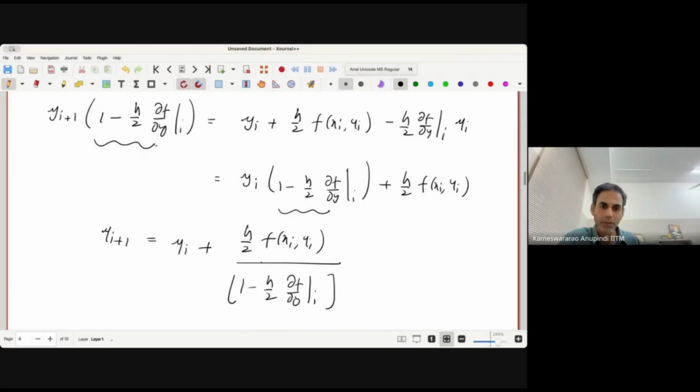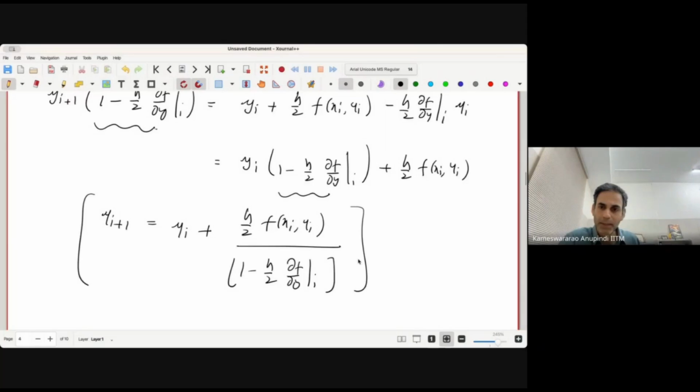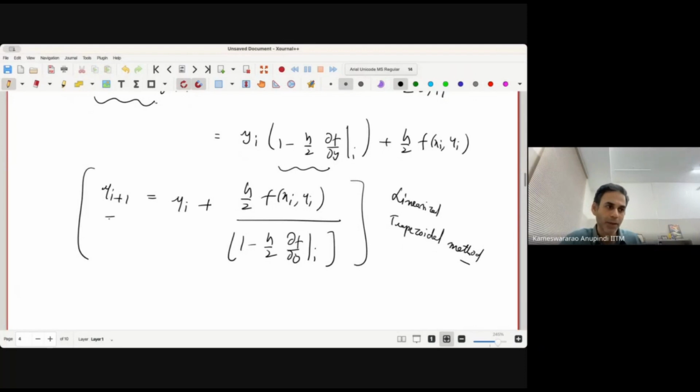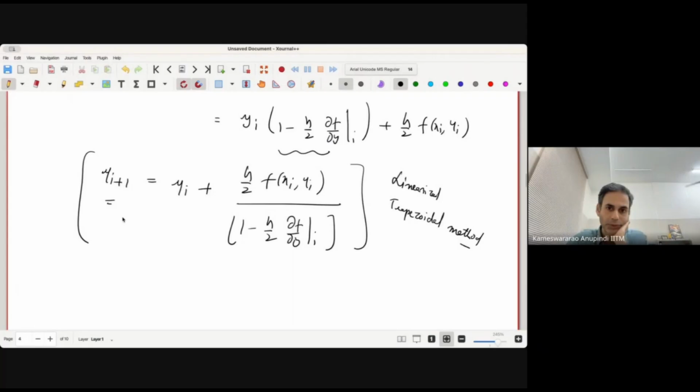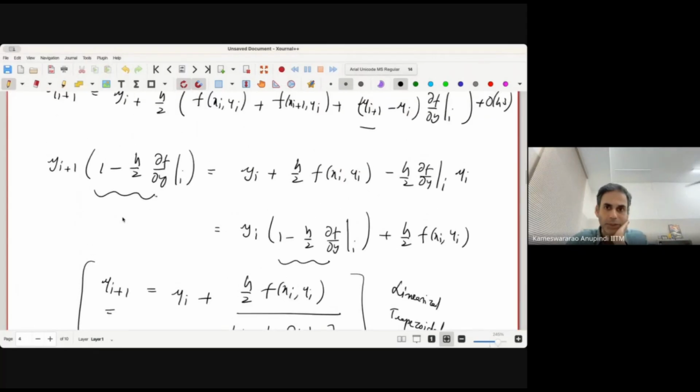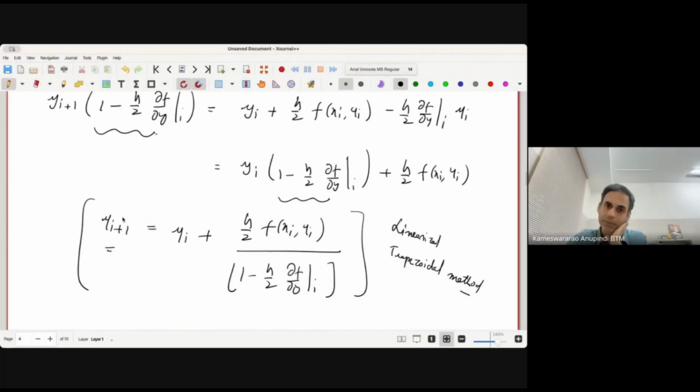So that is the linearized trapezoidal method, which doesn't require iterations to calculate y_{i+1}. Fine, so that's about the trapezoidal method. Any questions?